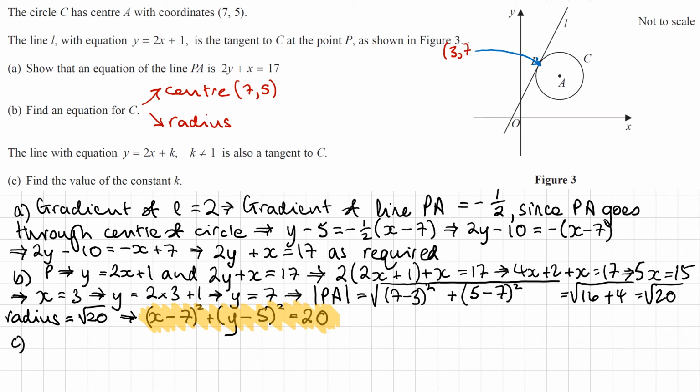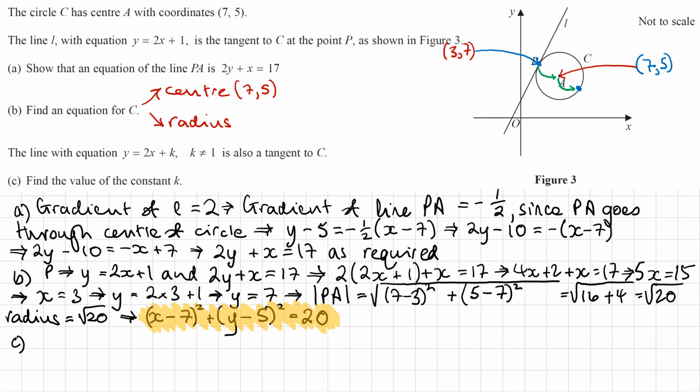I know the center of the circle here is 7, 5. So what I can do is work out the jump between the x and y coordinates between P and A, and it's going to be the same jump from A to this point on the other side of the circle, which is what I'm interested in.